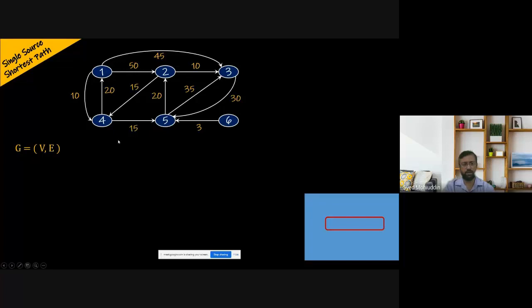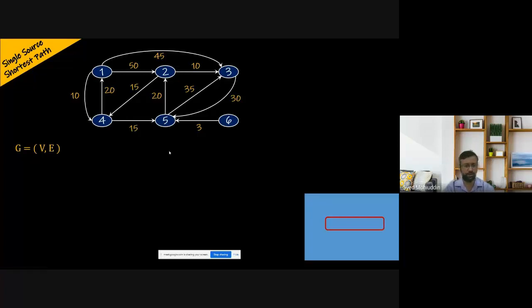The set of vertices are cities, and the set of edges is nothing but the road network. Or the set of vertices can be routers or network switches, and the edges can be communication lines connecting two different switches.